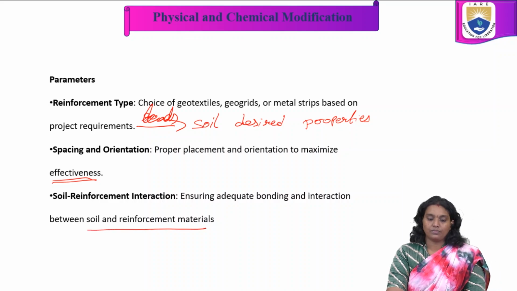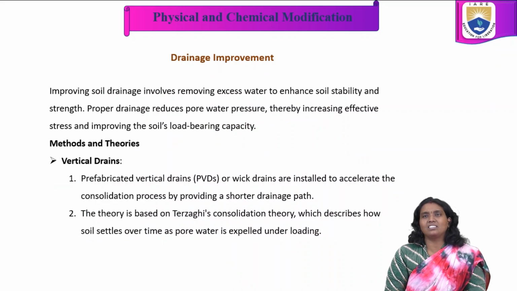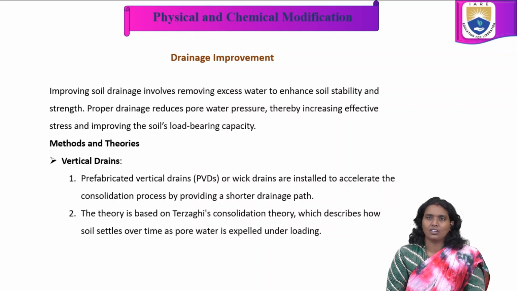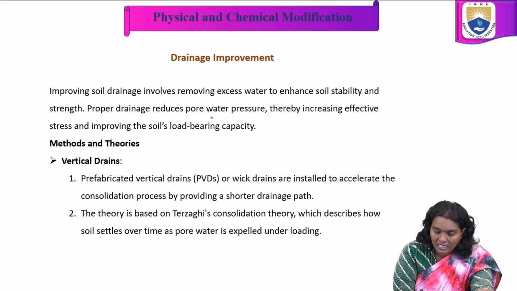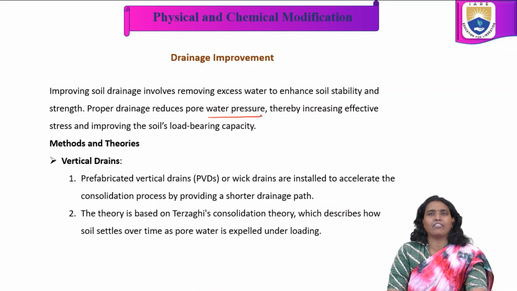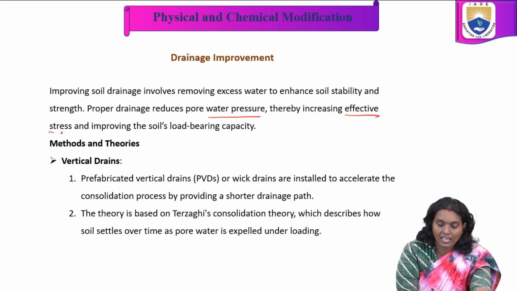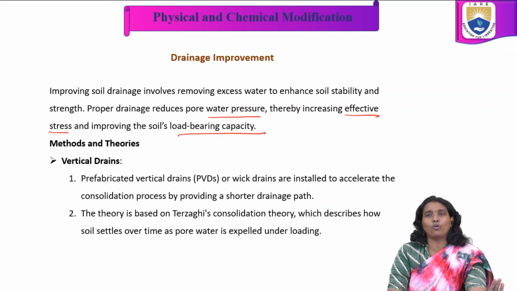Now we have to understand drainage improvement. Improving soil drainage involves removing excess water to enhance soil stability and strength. Proper drainage reduces the pore water pressure, thereby increasing effective stress and improving the soil's load bearing capacity.